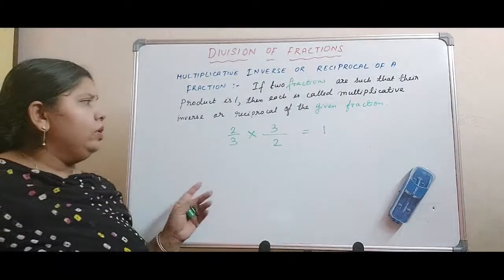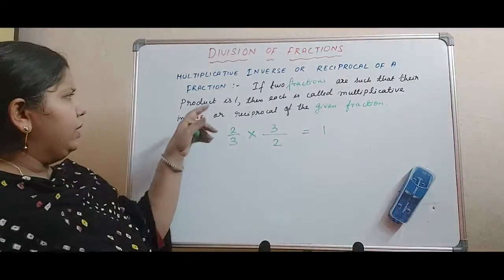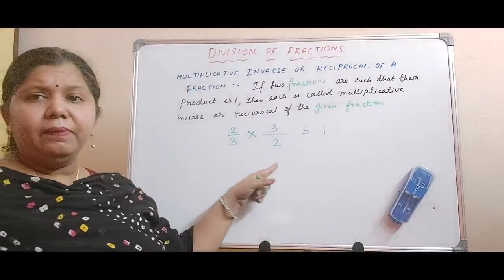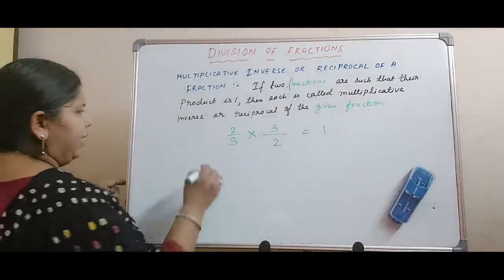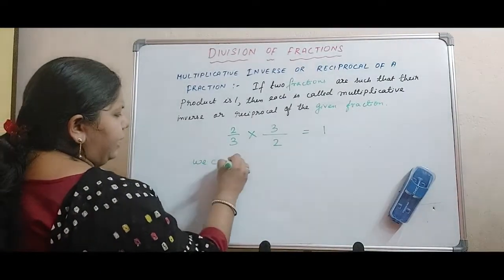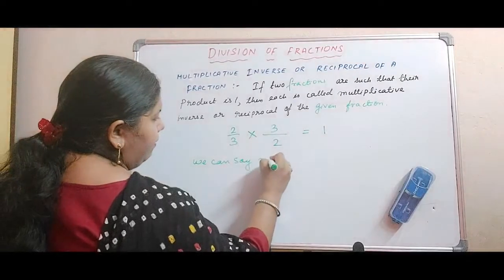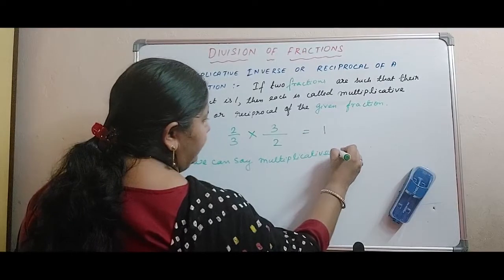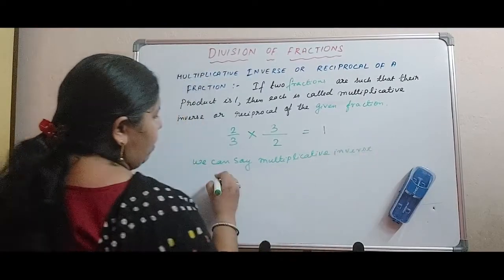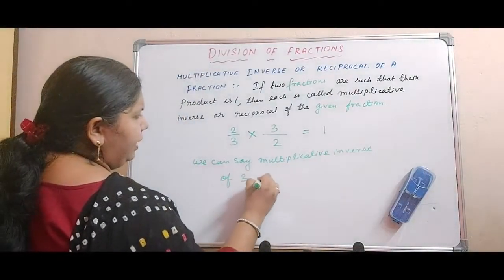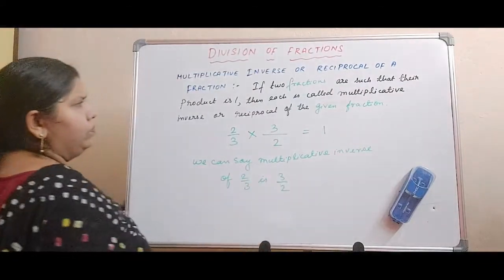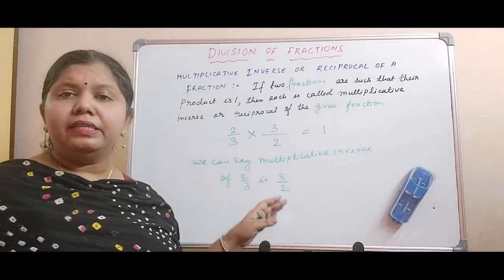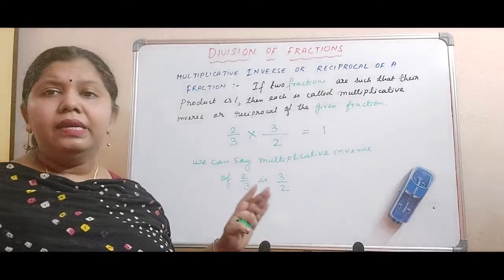So the multiplicative inverse of 2 by 3 is 3 by 2. Instead of multiplicative inverse, you can also call it reciprocal. The meaning of both is the same.